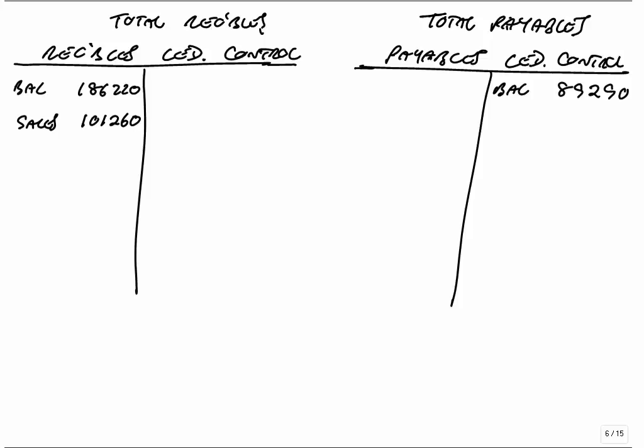Secondly, be careful in the exam. You'll see shortly. They very often have little tricks for you. I could have told you credit sales 101,260. I could have put the next line, cash sales 50,000.